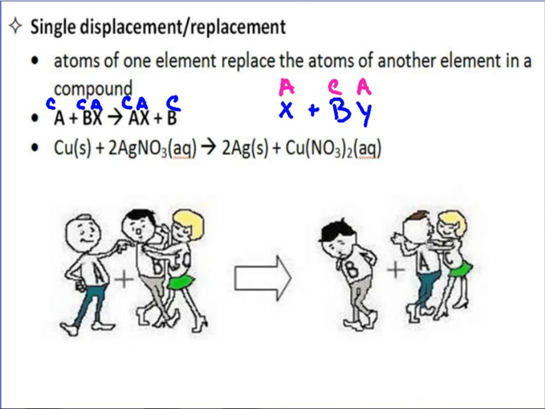Let's get the pen back here for a second. The anion will get kicked out, and you'll get Y plus BX. And that there will be your anion, cation, anion. So that's also possible for single displacements.